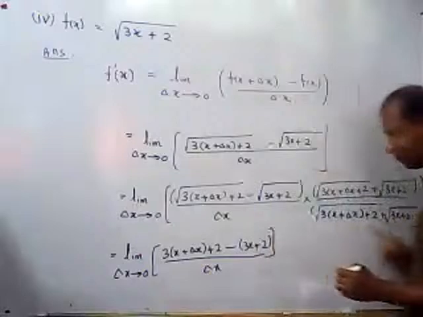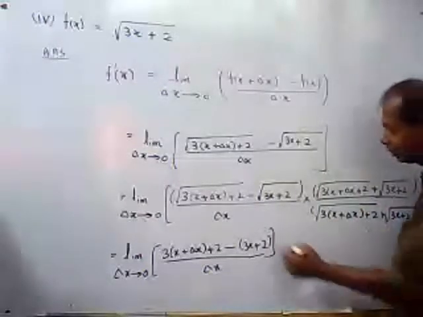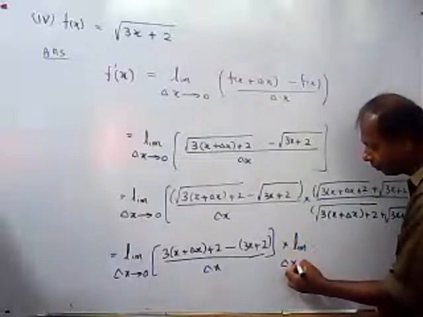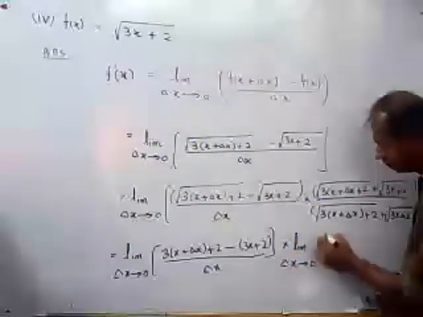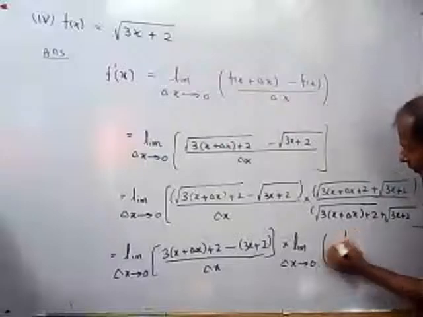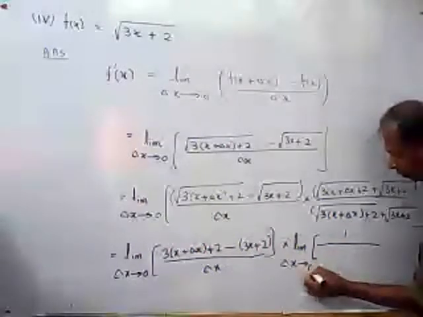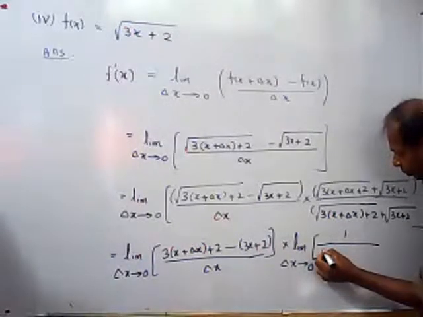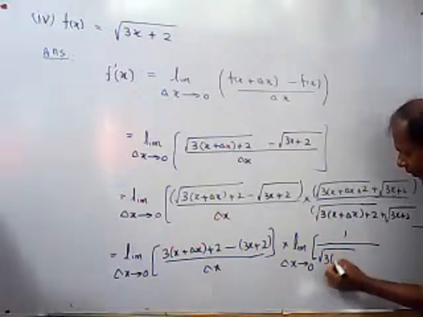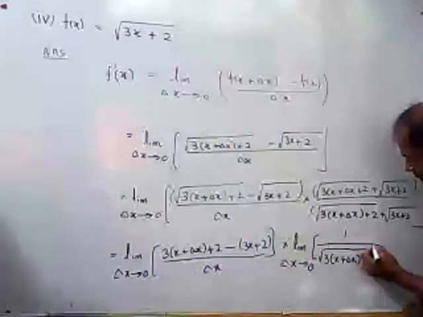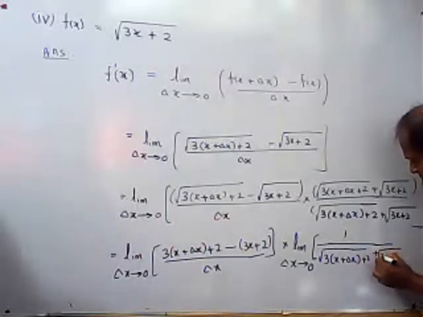The other part, this denominator part, we take it separately. We'll find the limit of that separately. So that'll be 1 over root of 3 times x plus delta x plus 2 plus root of 3x plus 2.